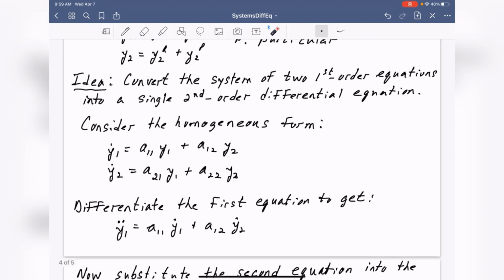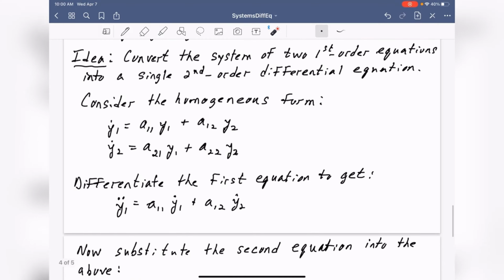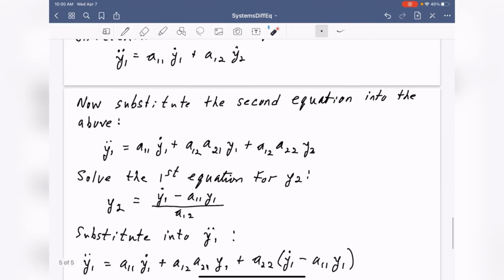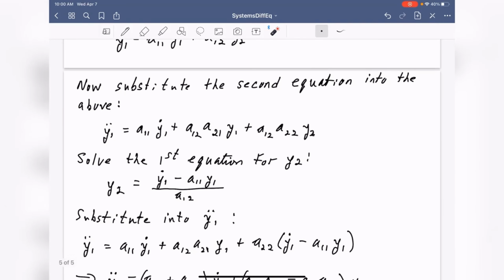So consider the homogeneous form of those equations, which is given by this here, and we want to differentiate the first equation, this one here, with respect to time, and we get y1 double dot equals a11 y1 dot plus a12 y2 dot. All right. Now substitute the second equation into the above, and we get y1 double dot equals a11 y1 dot plus a12 a21 y1 plus a12 a22 y2.